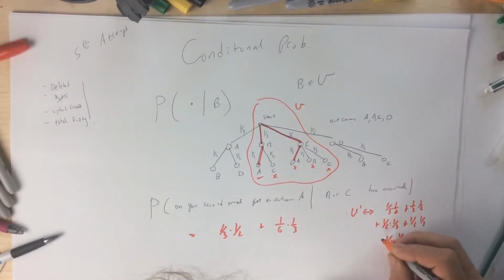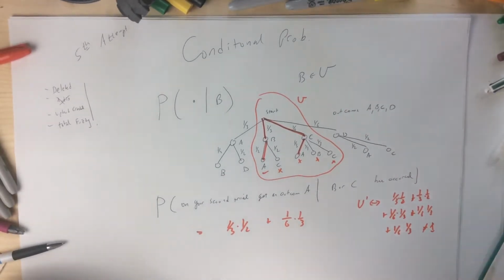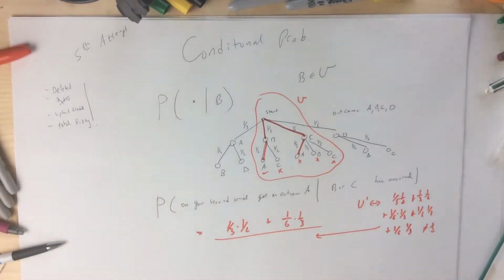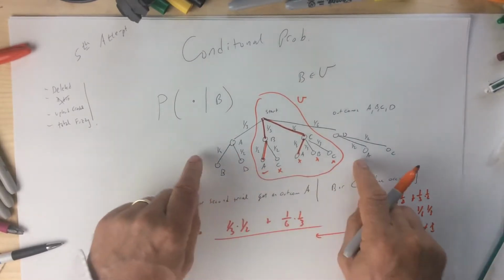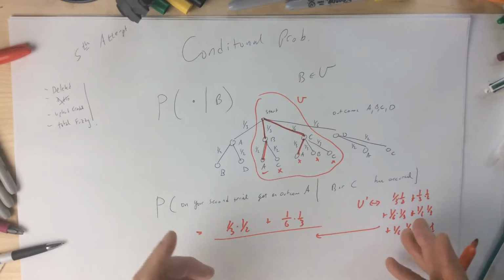If we added them up, they don't add to 1. But if that's all we're allowed to look at, well, we can adjust this by normalizing it. We can divide by that number, and now it is the proportion of these probabilities to all of them. And that's a nice calculation.